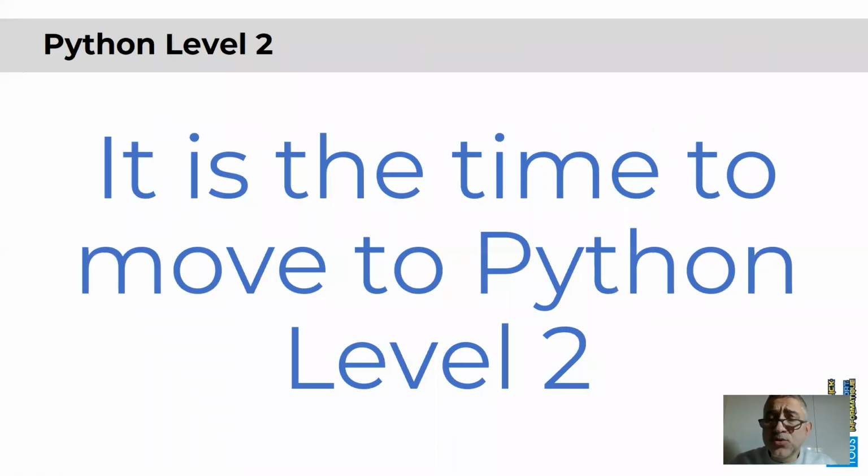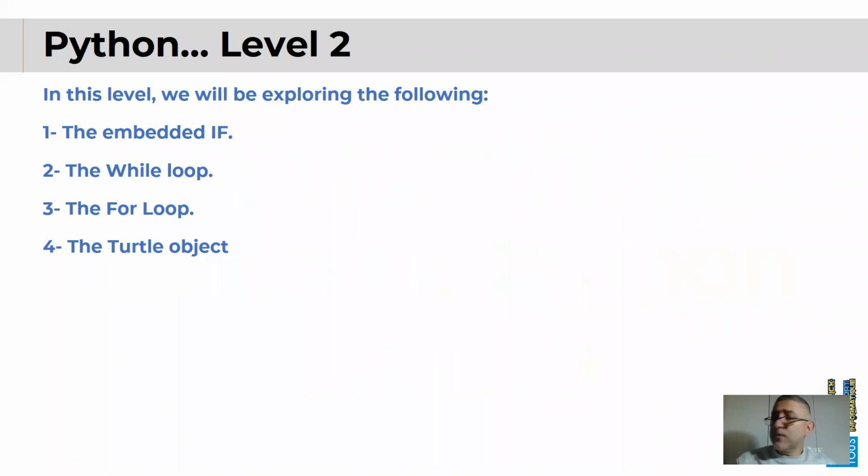Today, in level 2, we are going to explore the embedded if, the while loop, the for loop, and the turtle objects. And we consider that for this level, it's very convenient for you as teachers to implement those concepts for your students.